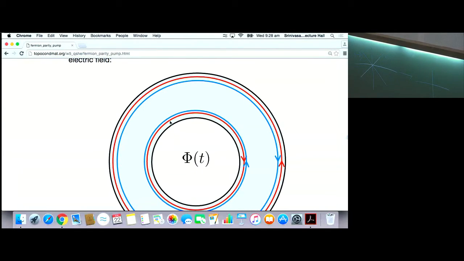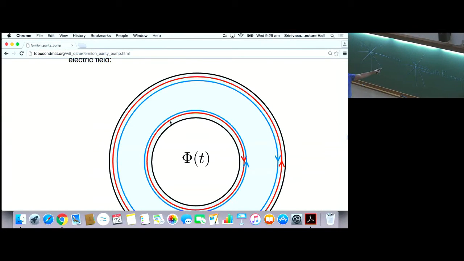And the answer is no, because if I try to get rid of this gapless edge mode, I would open a gap something like this. But then there's a problem here. There's no Kramers degeneracy. That pair should have been degenerate according to Kramers' theorem. It's not degenerate, and therefore this is not allowed, which means this is protected.